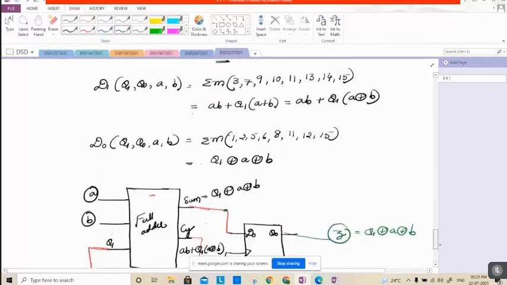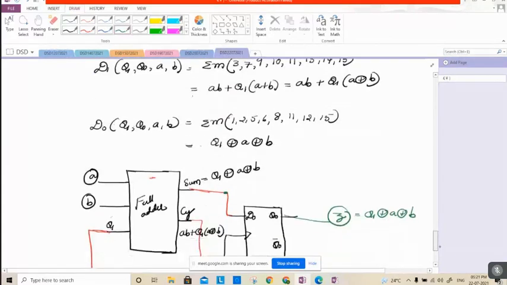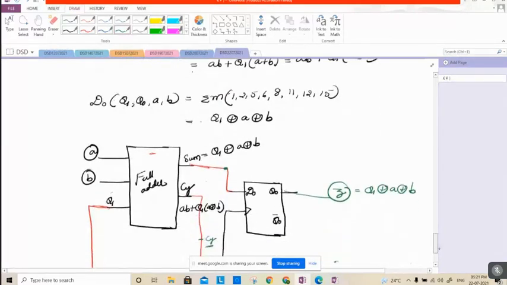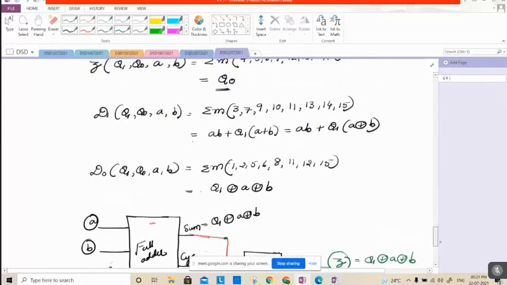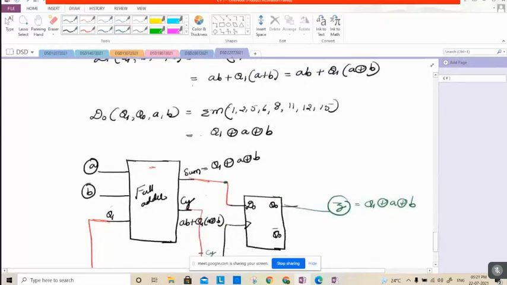Now Z is depending upon D naught. So Z is equal to Q naught. That is what we have written, right?